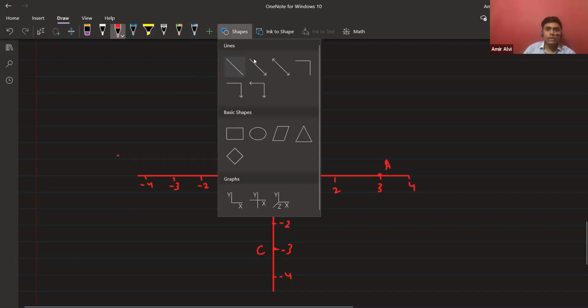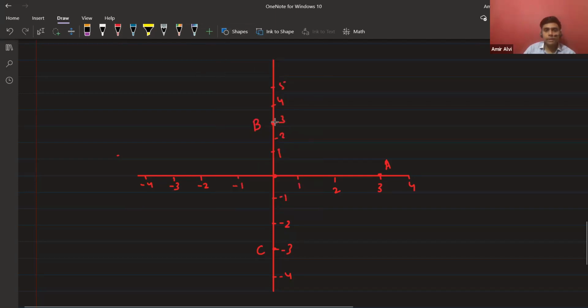So if we join these points, now Simran, tell me which figure you are going to identify it as. Which figure is it? Triangle. Yes.